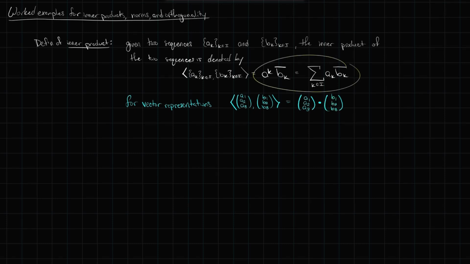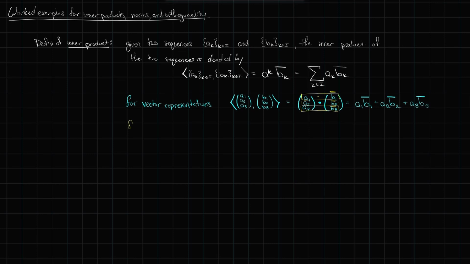And following exactly the above, what does this equal? This equals a sum of those multiplied together, plus those multiplied together, plus those multiplied together, where everything on the right-hand side gains a complex conjugate. So it'll be a1 b1 conjugate, plus a2 b2 conjugate, plus a3 b3 conjugate.